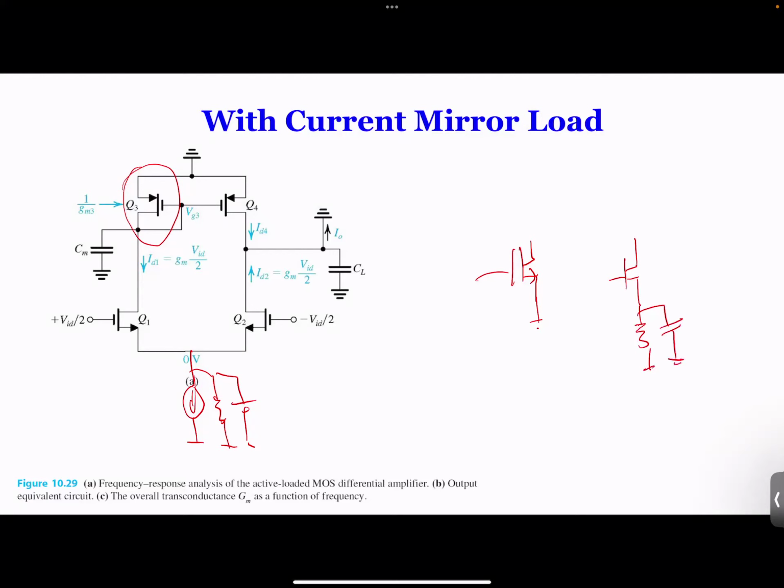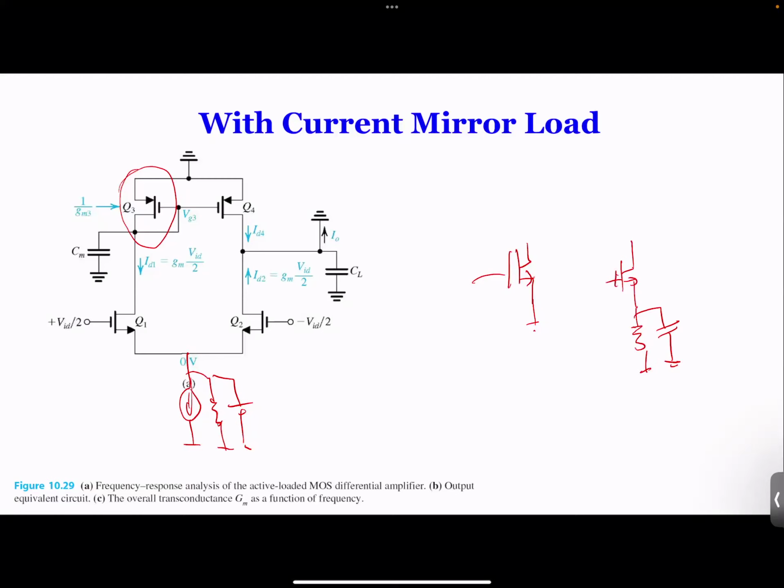this is what we have from the last, just what we talked about. And here, for common mode, you have this, right?